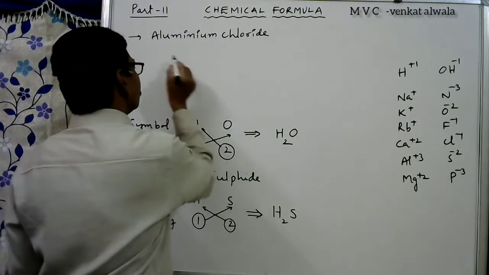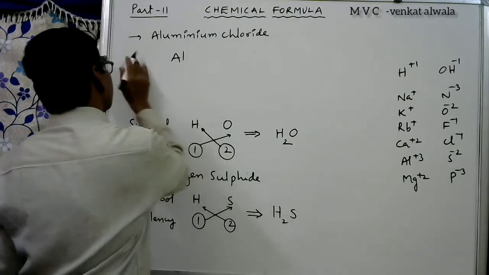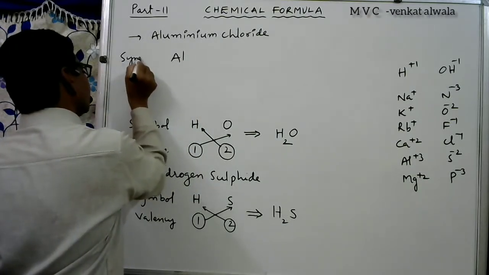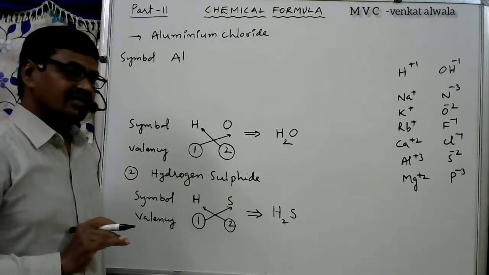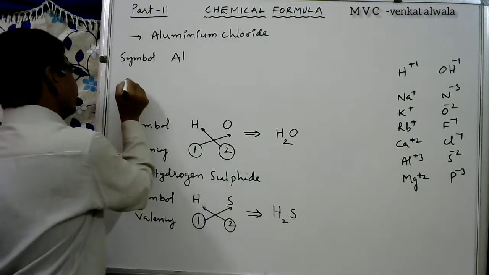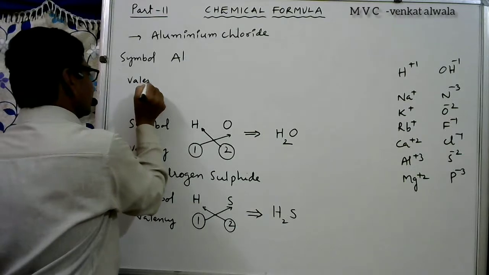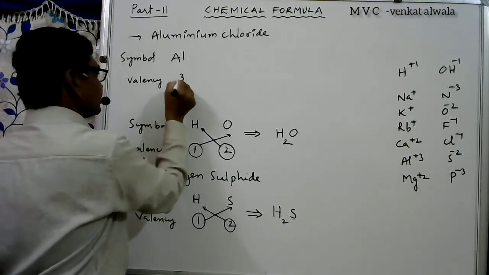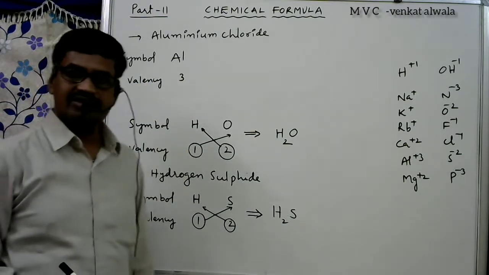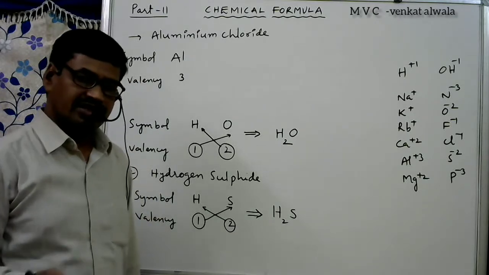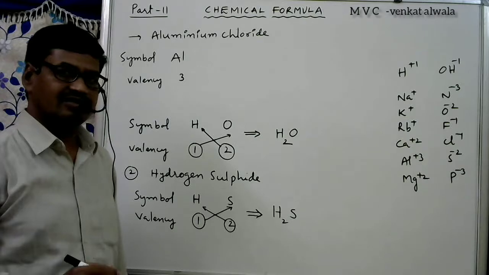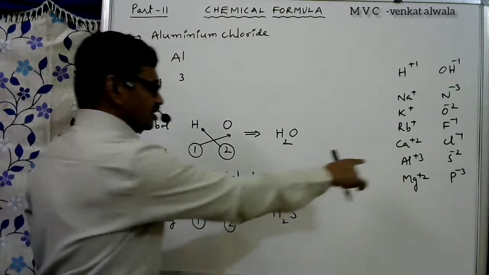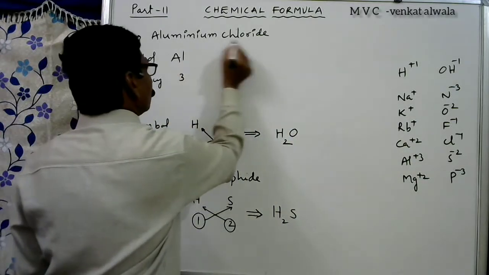First the symbols: aluminum symbol Al, and its valency is 3. Why 3? The atomic number is 13. After removal of 3 electrons, it gets stability by attaining the inert gas configuration of neon. So aluminum is 3. And here, chloride.